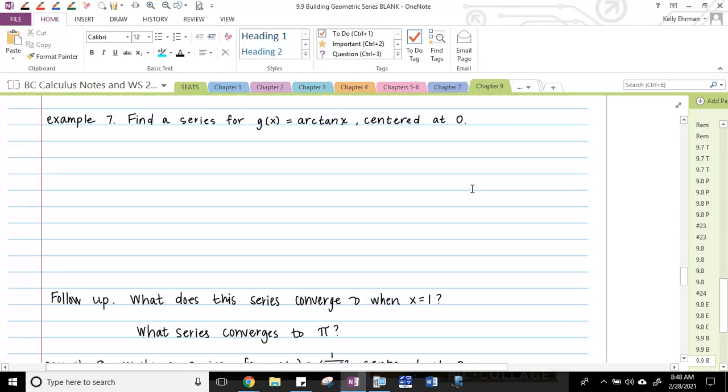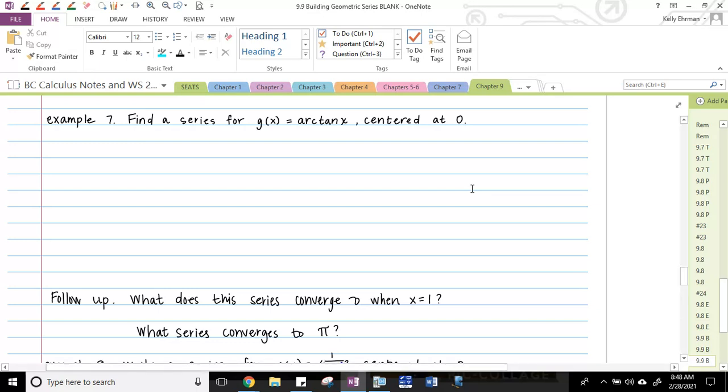All right, I think we'll see this one in the homework again or something similar to it. We're going to do something similar to what we did for natural log. Find a series for arctangent of x centered at 0. Well, arctangent of x is not a rational expression right now. I need to start off with something rational to be able to do this geometric series idea.